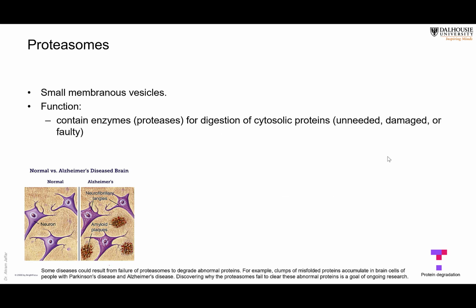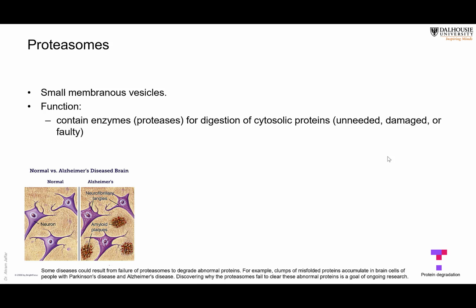It decomposes it. Then there are proteasomes, and these proteasomes destroy the cytosolic proteins, either unneeded extra protein, damaged protein, or faulty protein produced during the process of protein synthesis.